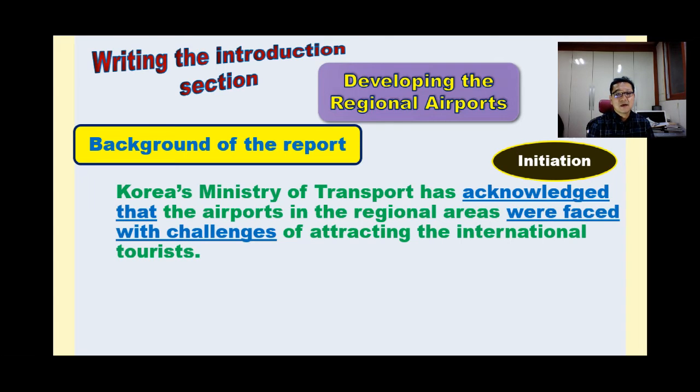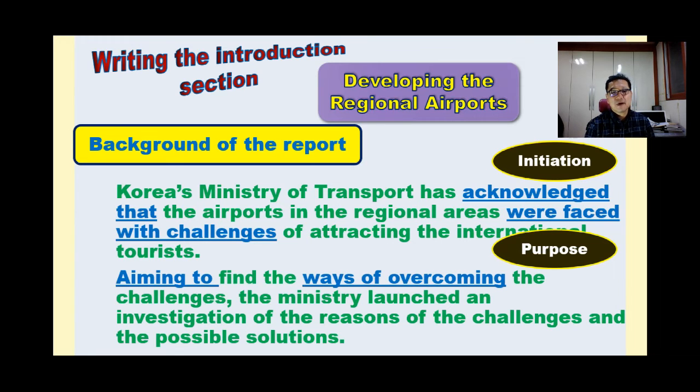For example, Korea's Ministry of Transport has acknowledged that the airports in the regional areas were faced with challenges of attracting international tourists. The second step for the background of the report is purpose. Aiming to find ways of overcoming the challenges, the ministry launched an investigation of the reasons for the challenges and the possible solutions.